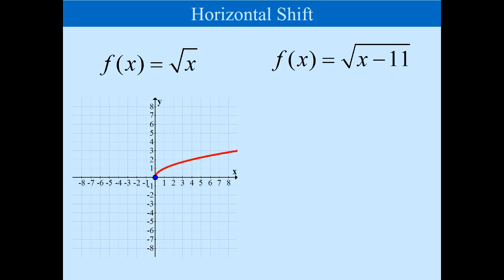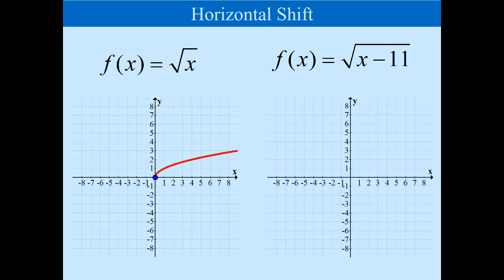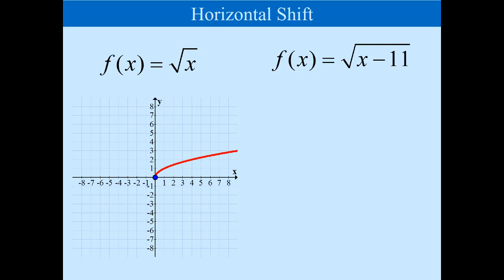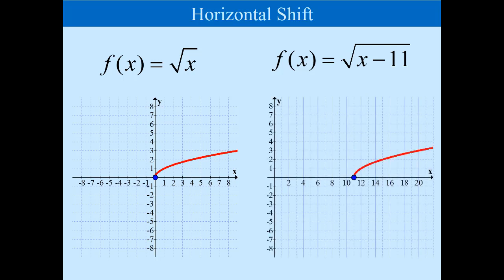If we know that that shifts the graph 11 units, we would be able to draw the graph of that. Not knowing that, this is what we see. No graph. And that's because the graph is shifted to the right 11 units. We've got to adjust the window so that we can see a proper graph.